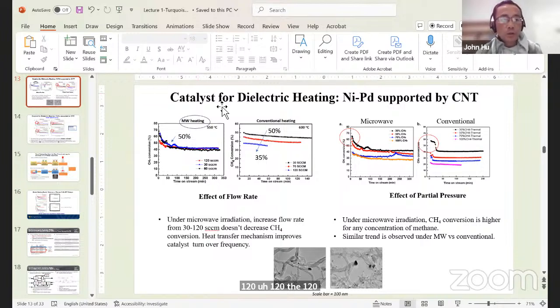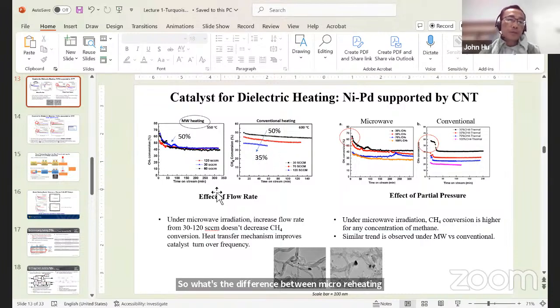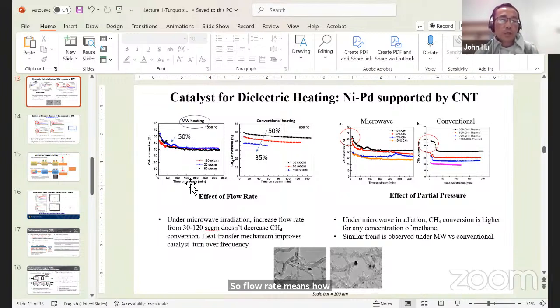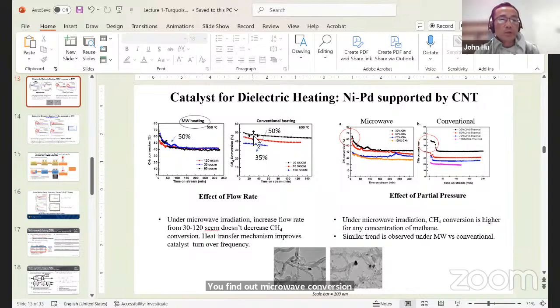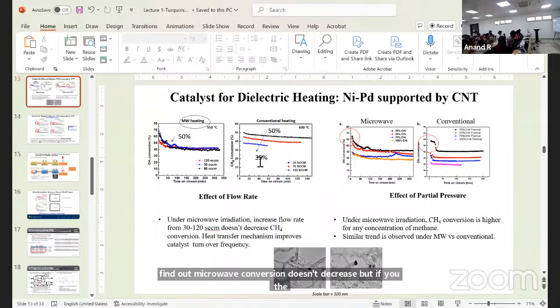So what are the differences with microwave heating? Flow rate means how fast you flow the molecule into the reactor. If you change the flow rate, you find that microwave conversion doesn't decrease, but if you increase the flow rate, the conventional heating conversion decreases.